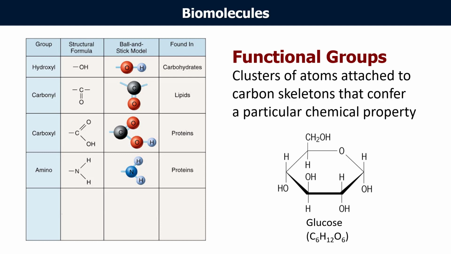But nitrogens have 3, so this is the amino group, and we will also see it in proteins. Maybe you've heard of something called an amino acid before. Well, amino acids have both the amino group and the carboxyl group on them. And again, we'll learn about those here shortly. And then the last functional group that I want to mention is the phosphate group. This is where you have a phosphorus with oxygens going around it.